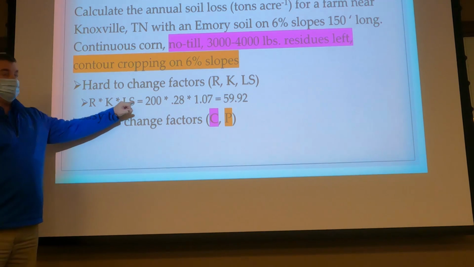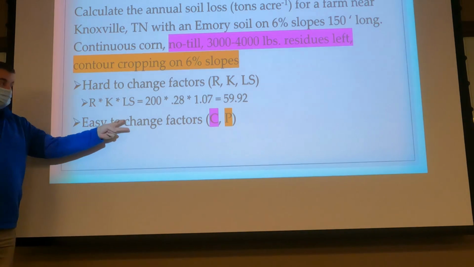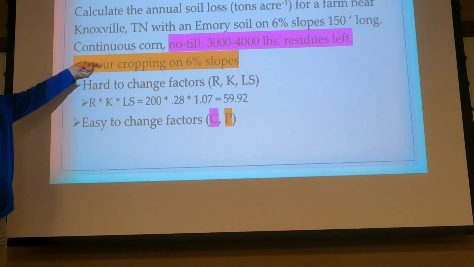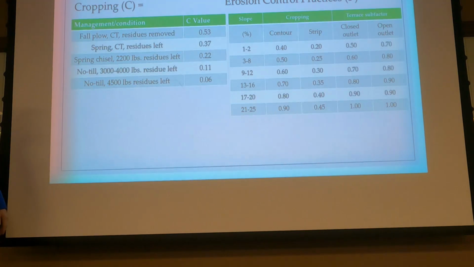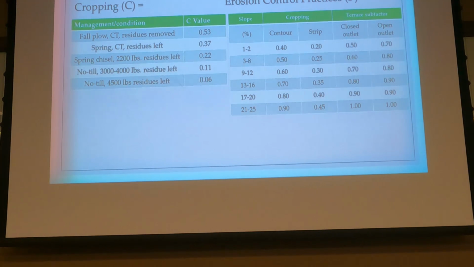So these are going to remain the same from the previous problem, because the only things we can really change out of that are our cover management and our cropping practices. So our new cropping right here, no-till, 3,000 to 4,000. So take this.